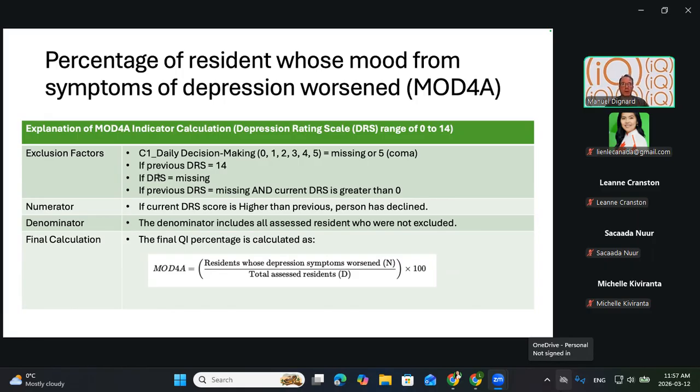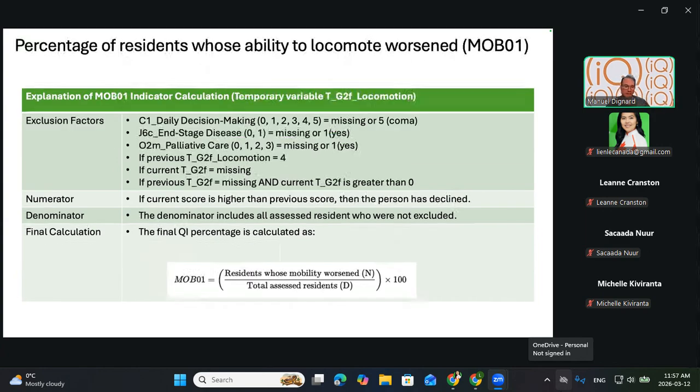If you're not excluded, then you're going to be part of the calculation, part of the denominator. If your current score is higher than your previous score, you've declined, you will be part of the numerator. I know I'm going fast through these worsening ones, but they're the exact mirror of the improvement ones.